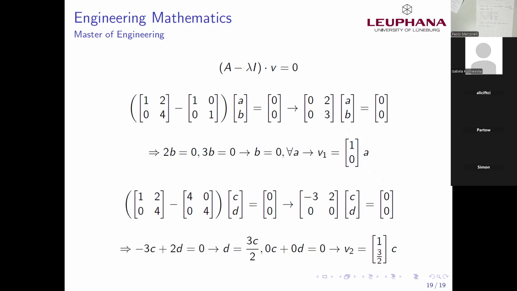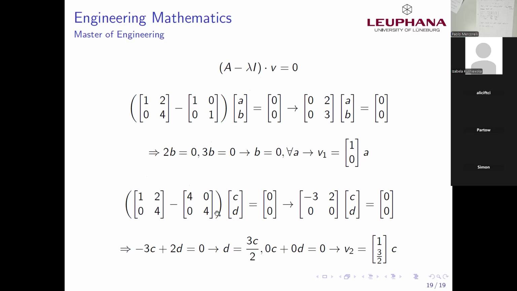Look, the second calculation. Here is similar, but instead of lambda 1, I have lambda 2. Lambda 2 was 4. This means instead of 1, 0, 0, 1, I have 4, 0, 0, 4, right? Here I have a 4 which multiplies the identity matrix, 1, 0, 0, 1.